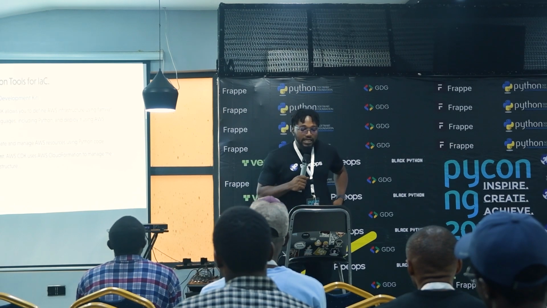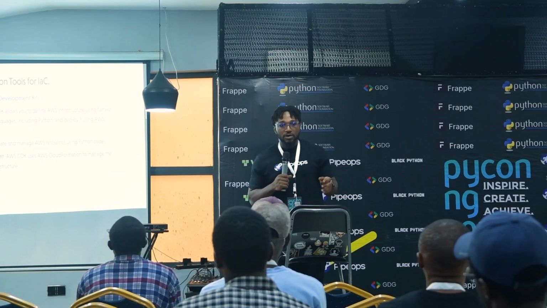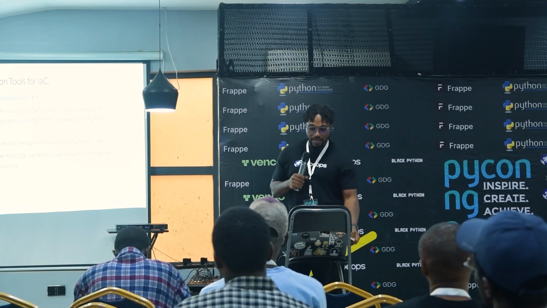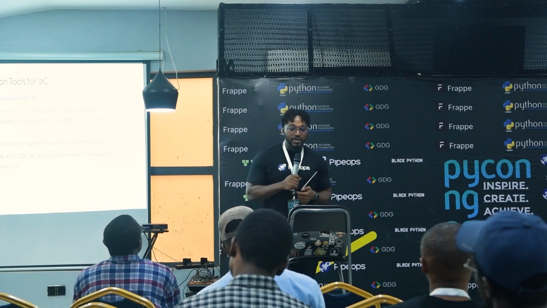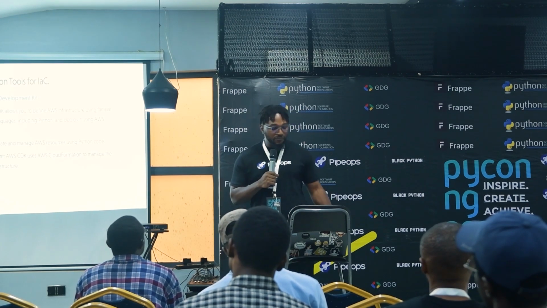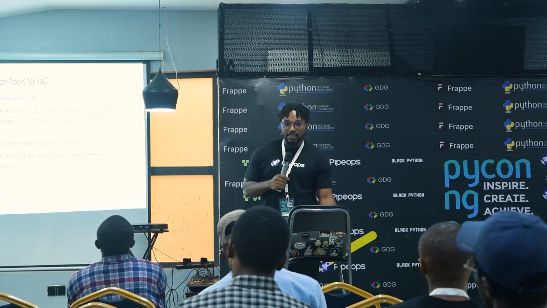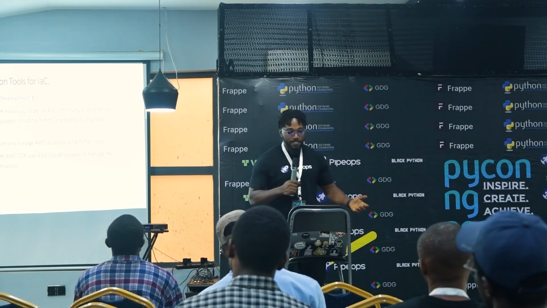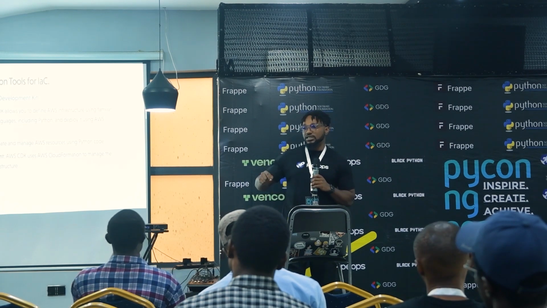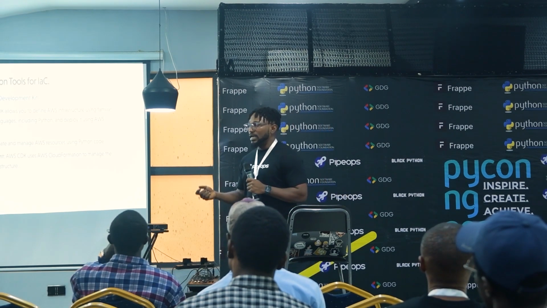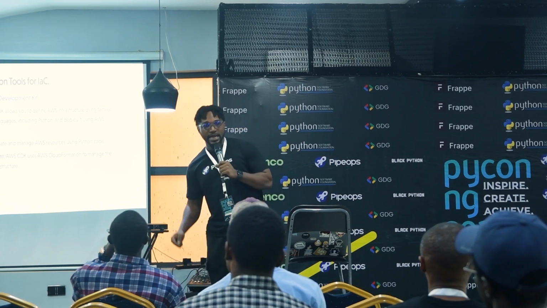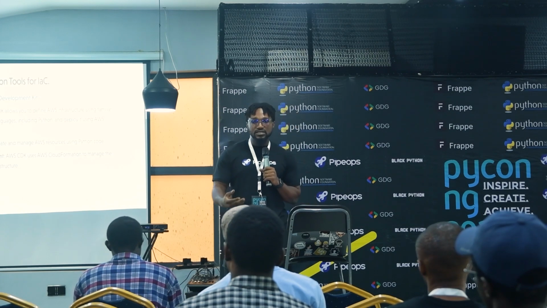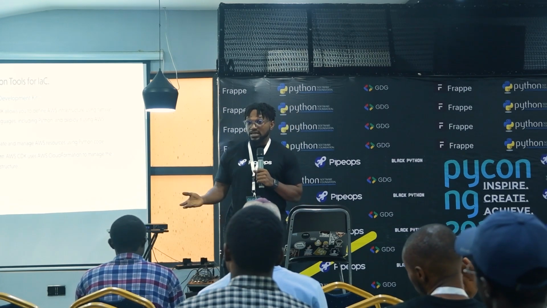So yeah, let's take a look at some of the popular tools that we can use to write IaC. We have the AWS Cloud Development Kit. The AWS Cloud Development Kit allows us to define infrastructure using familiar languages, either Python, JavaScript, Golang, and the rest of them, and it deploys them using CloudFormation. So like I said earlier, instead of having to learn what CloudFormation is, or how to define an RDS instance in CloudFormation, you can write this in Python.